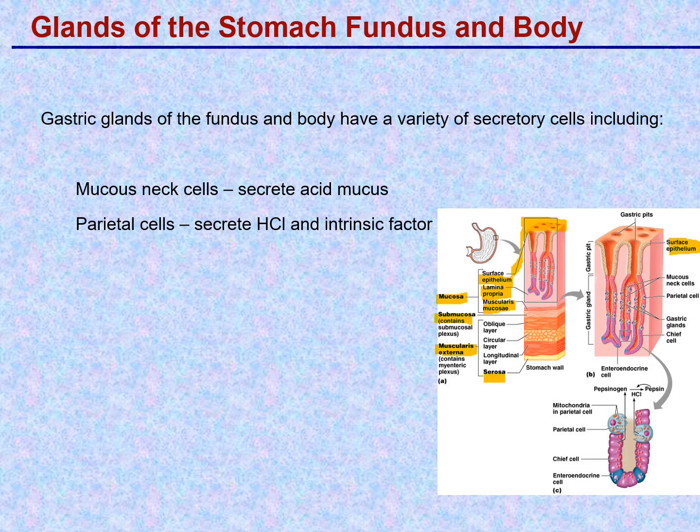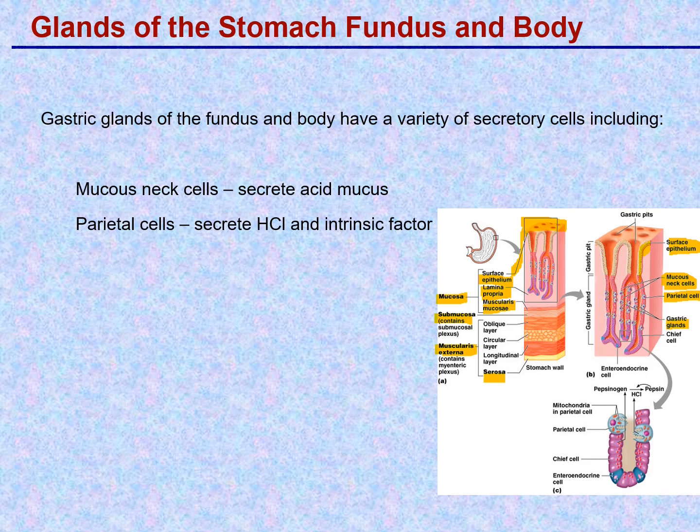So if we look at a higher magnification at the gland, the initial duct area has surface epithelial cells lining it, and then you get into an area that has mucus secreting neck cells. There are also parietal cells. There are gastric glands. Well, no, I'm sorry.